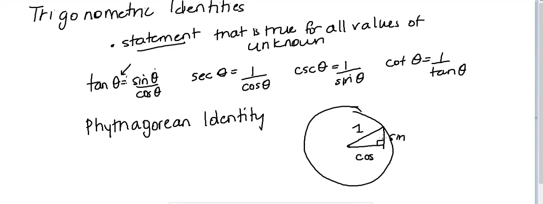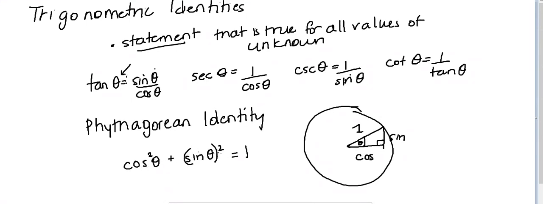The Pythagorean identity states that for any value of the angle, the cos of that angle squared plus the sine of that angle squared must equal 1.